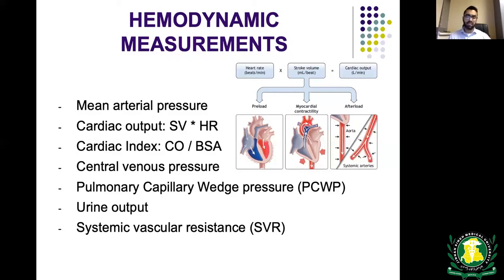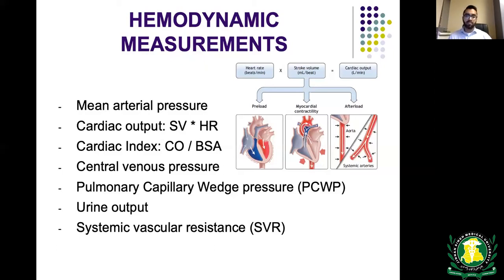However, these days, there is very reliable equipment that you can hook up to your arterial line, and it provides very reliable measurements of cardiac output and index, except they are based on your arterial measurements as opposed to the pulmonary artery flow that Swan-Ganz measures. So those are your important metrics that you need to be able to compute if you have an arterial line.